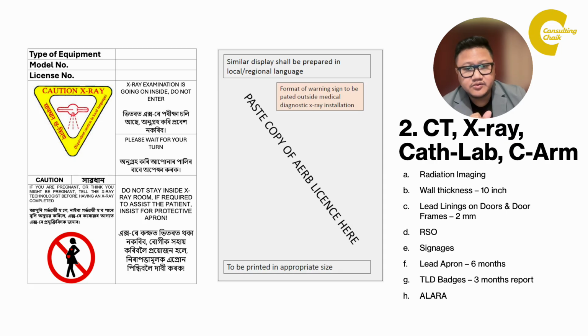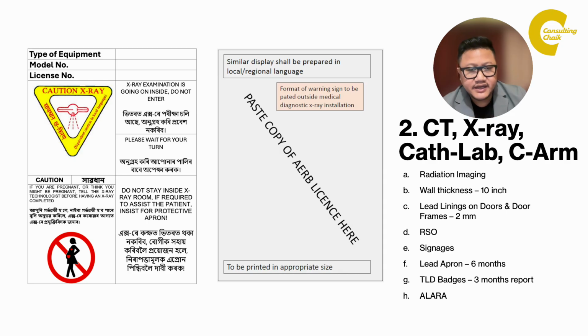Then you need to put this signage which is shown here in the slide. This is as per the AERB. On the left hand side, you have all the precautions written along with the type of equipment, model number, license.